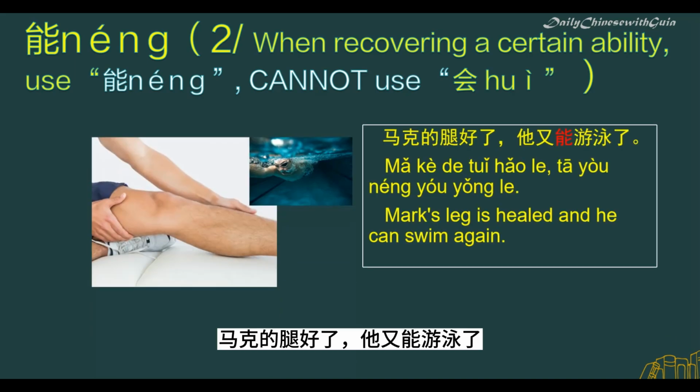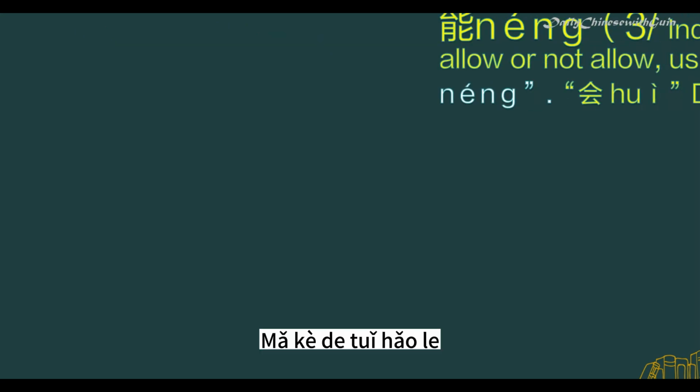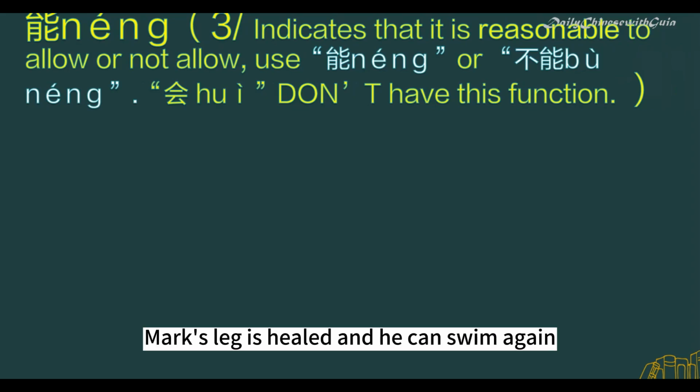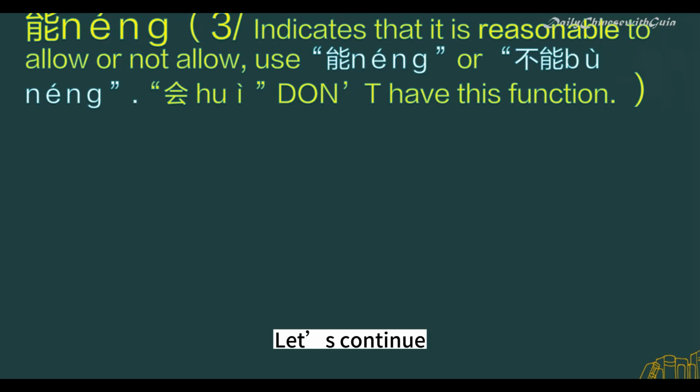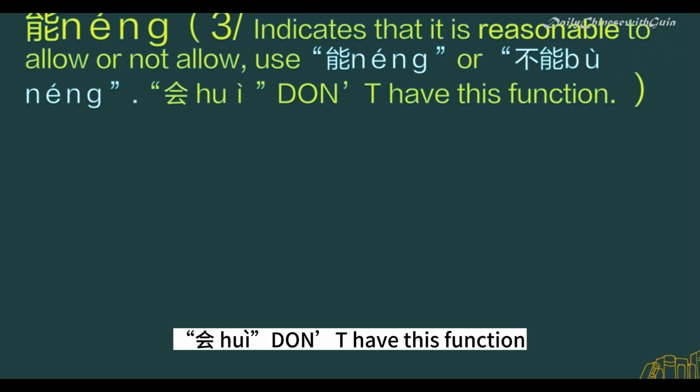马克的腿好了，他又能游泳了。Let's continue. When indicating that it is reasonable to allow or not to allow, use 能 or 不能. 会 doesn't have this function.